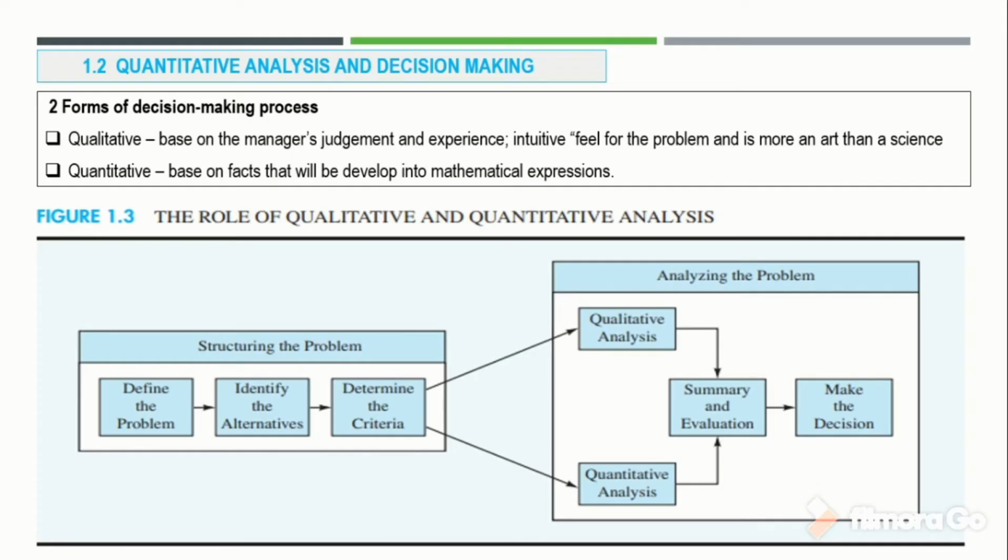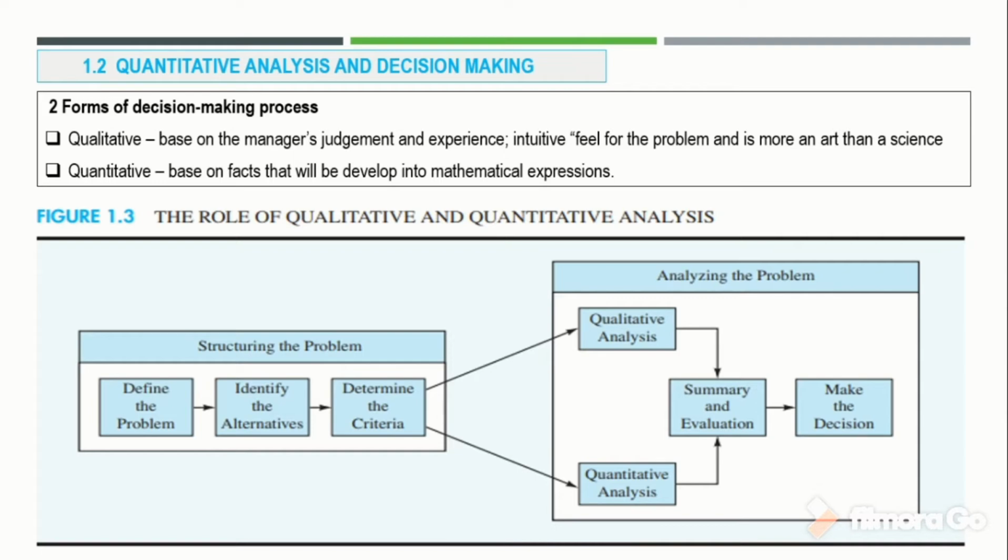So, in structuring the problem, there you go, the analysis of the problem, the qualitative and the quantitative, and then the summary and evaluation, and then you make your decision.